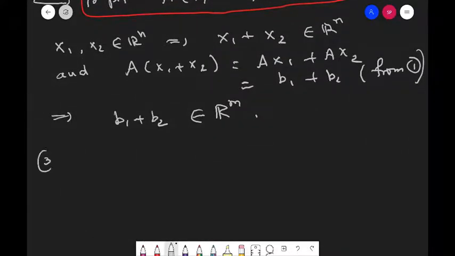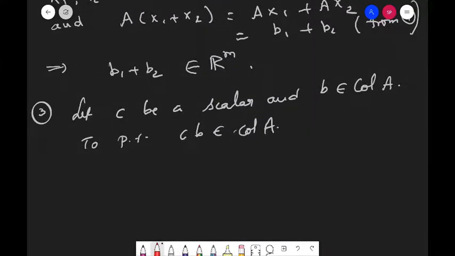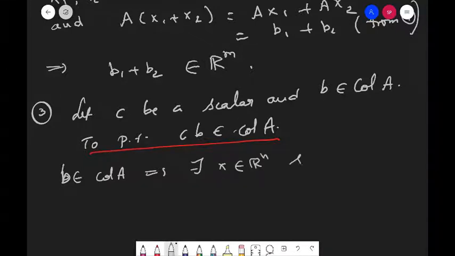Now let us look at the third condition. Let c be a scalar and b belong to column space A. To prove that cb belongs to column space A, you have to prove this one. This is to be proved. Now b belongs to column A implies there exists x belonging to Rn such that Ax is equal to b, where this b will be there in Rm.